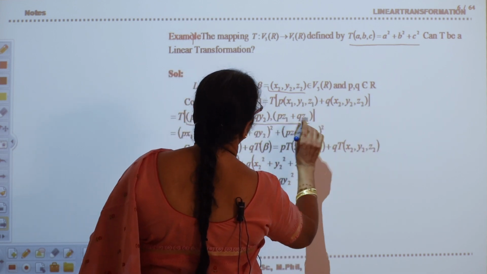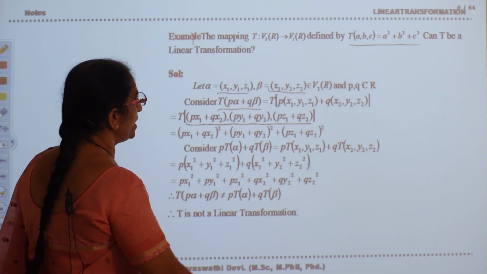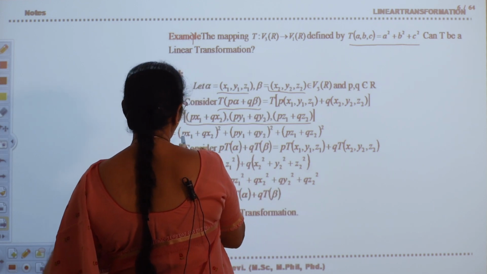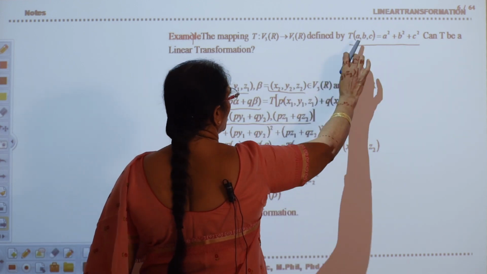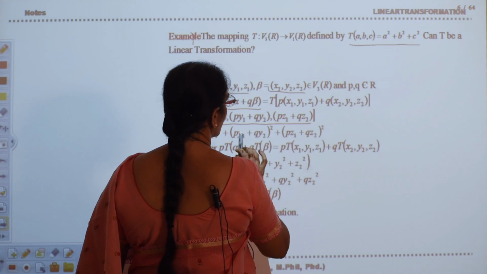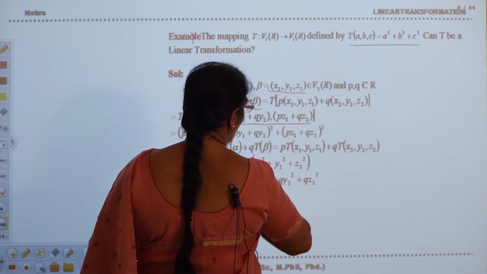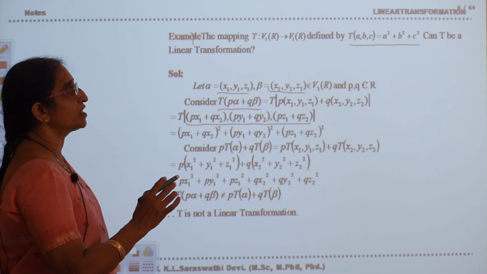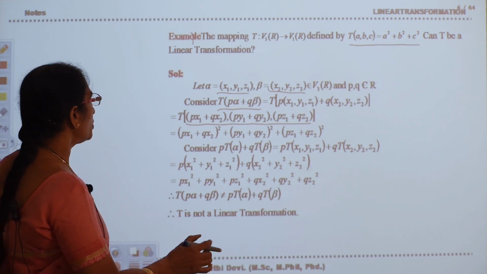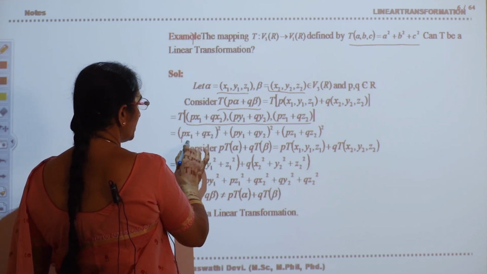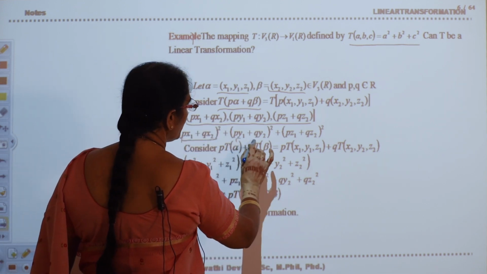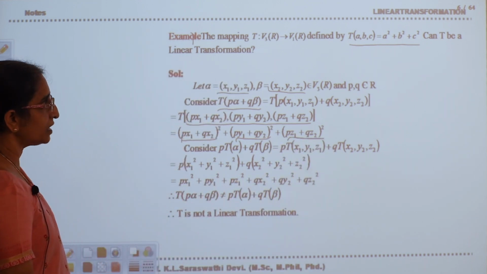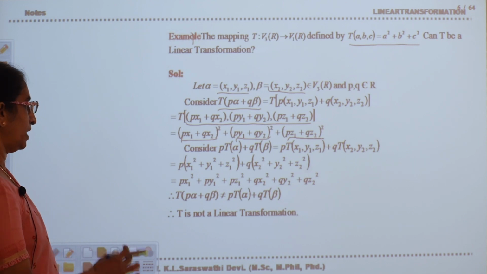Now in place of a, b, c, if you compare with this transformation, in place of a you have px1 plus qx2, in place of b you have py1 plus qy2, in place of c you have pz1 plus qz2. What is T of (a, b, c) given to you? a square plus b square plus c square. So here also it will be (px1 plus qx2) whole square plus (py1 plus qy2) whole square plus (pz1 plus qz2) whole square. T of (a, b, c) is that.